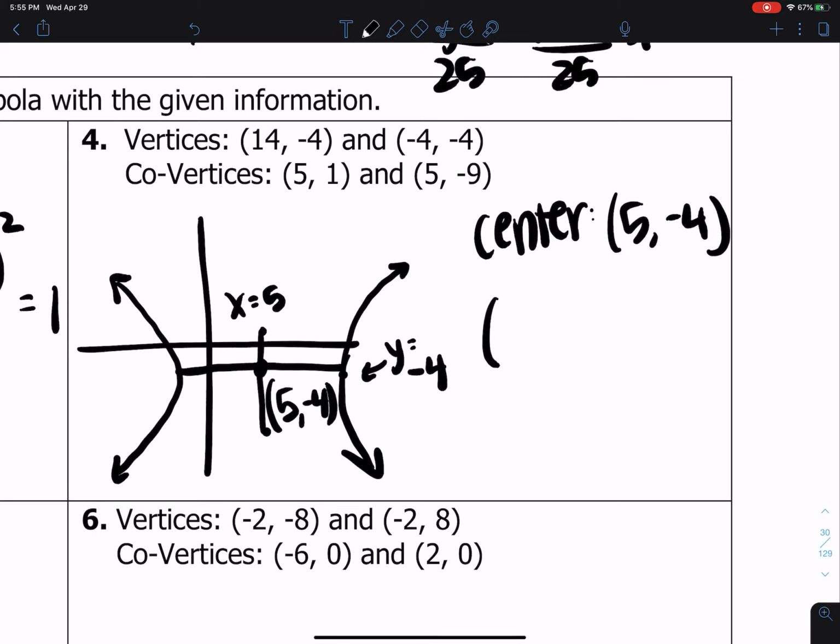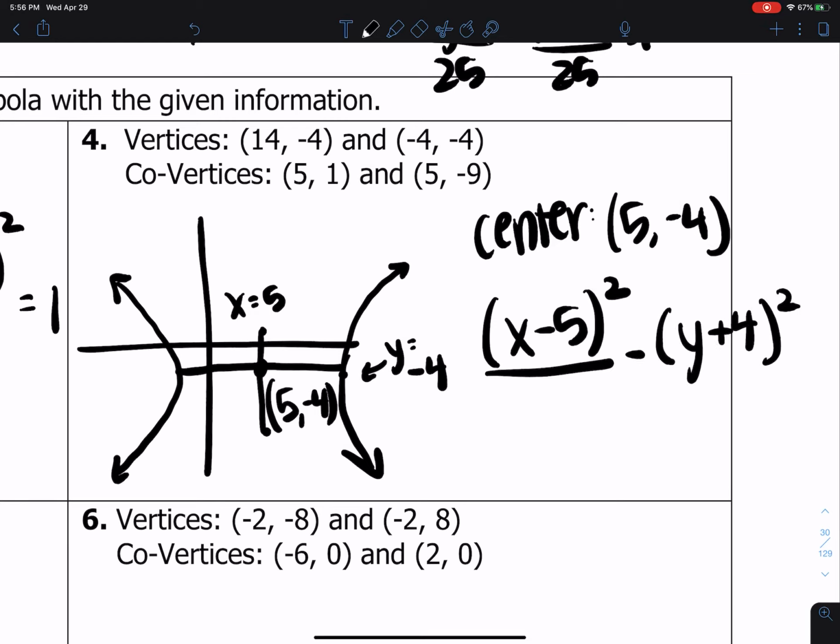So this is a horizontal hyperbola, so x goes first. So we have (x - 5) squared over something minus (y + 4) squared over something equals 1. And now for a and b, we just need to find the distance between the center and a vertex, and then the center and a co-vertex.